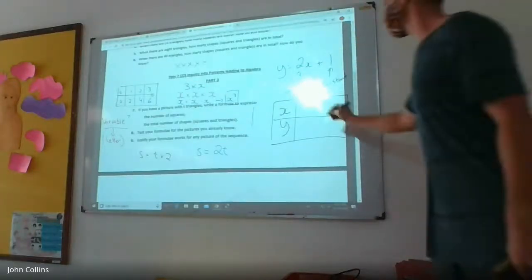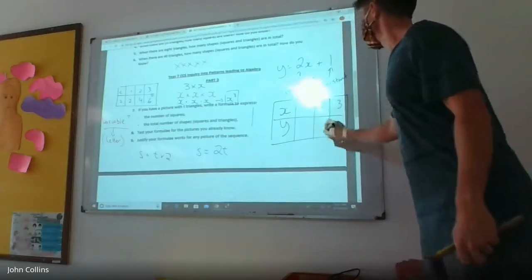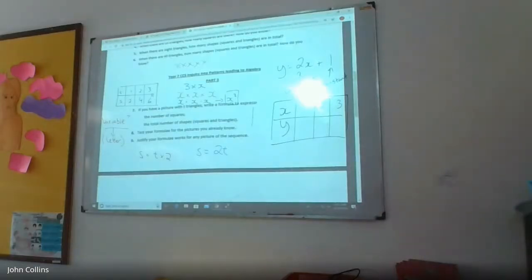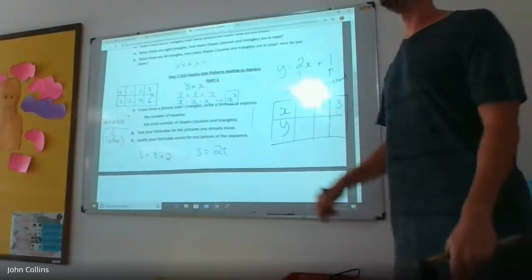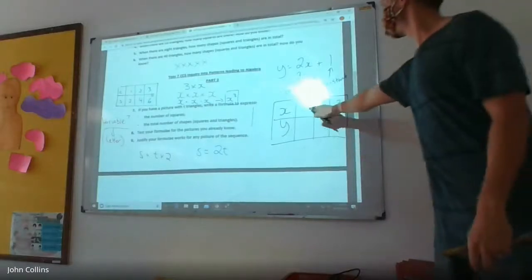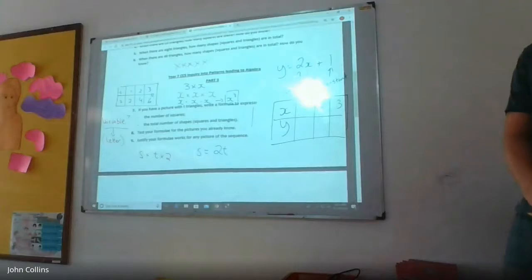Now I'm just going to put in some random numbers here: 1, 2, 3. When X is 1, when X is 2, when X is 3, could I find out what Y is? I've put in some numbers here for X. When X is 1, what is Y? Could I solve that? Could I have substituted in?